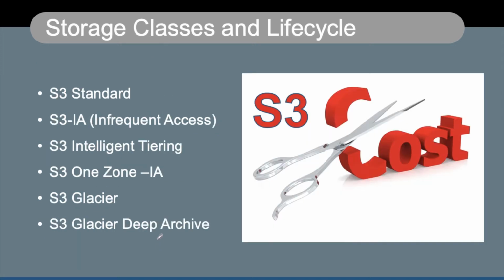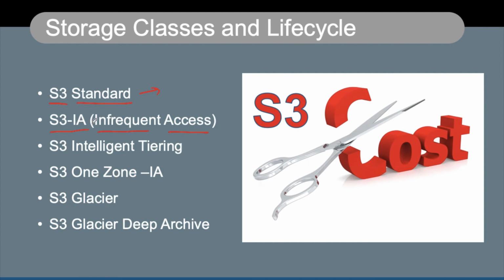Now, what are the storage classes and tiers and their lifecycle? We have various different types of storage classes. One is called S3 Standard, which has high durability and is for frequent access. However, if you need infrequent access and you want to reduce your cost, you can always go with another tier which is called S3 IA, S3 Infrequent Access.